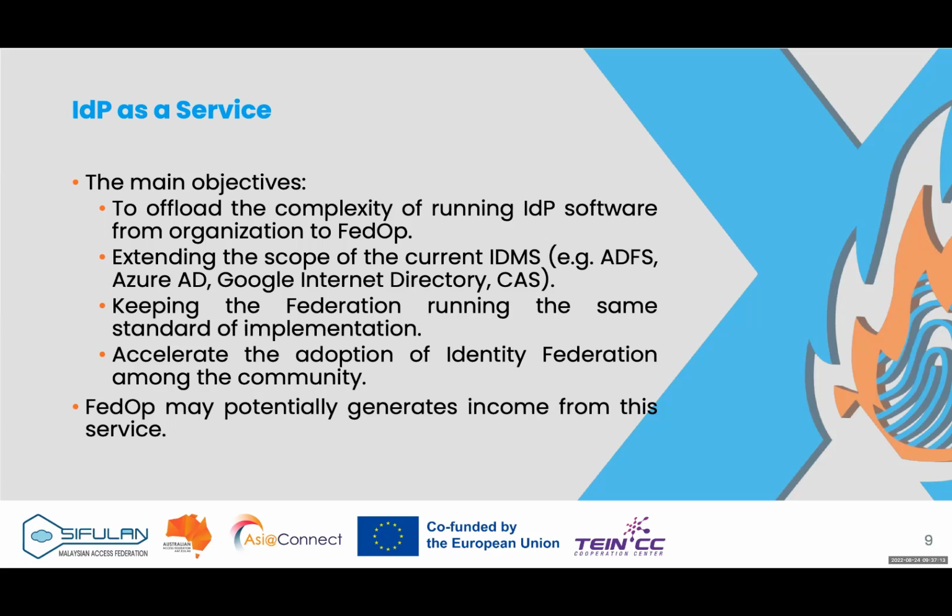Those who are subscribing to or using Office 365, it comes together with Azure AD. So you can rely on Azure AD as your IDMS or identity provider, but you put a SIFULAN IDP in front of Azure as the proxy, so that you have a better way to manage your connectivity to eduGAIN later.